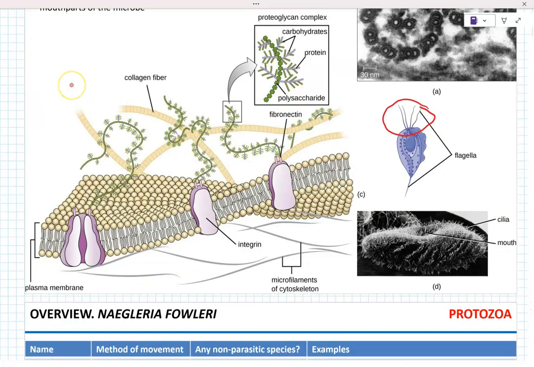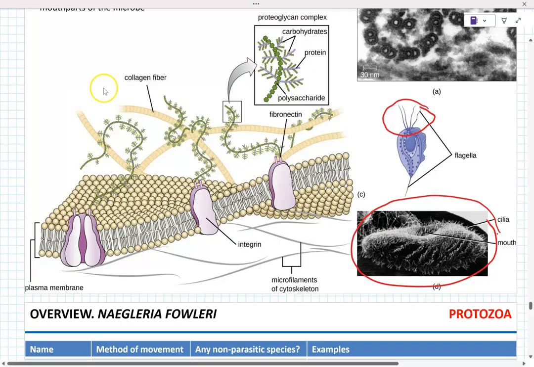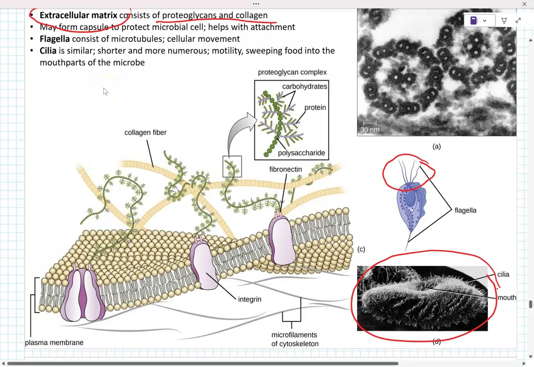Cilia are structurally similar to flagella, but they are much shorter and more numerous, while serving the same purpose, movement, either of a microorganism or moving food into the part of the organism that actually eats it. Okay, sounds good?